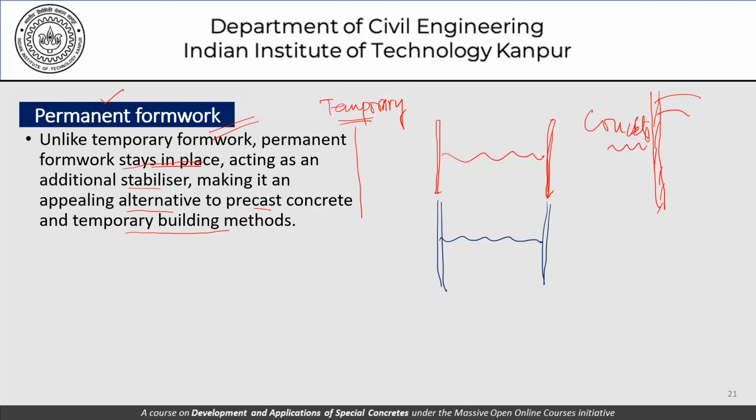How thick or thin should this formwork be? So one part is thickness, whether or not the permanent formwork should be considered as a part of the structure as far as structural behavior is concerned.